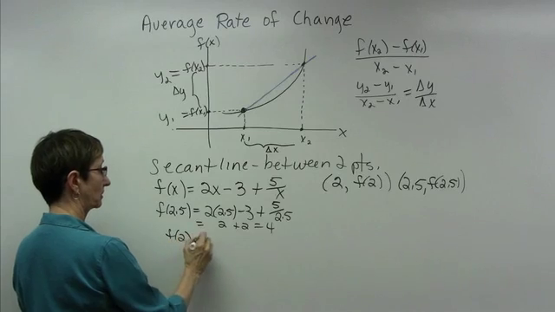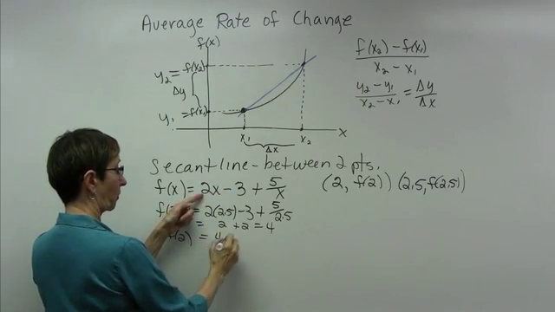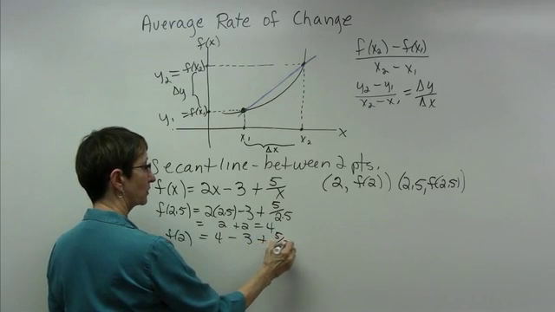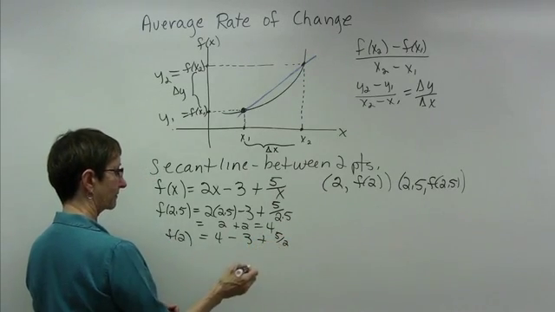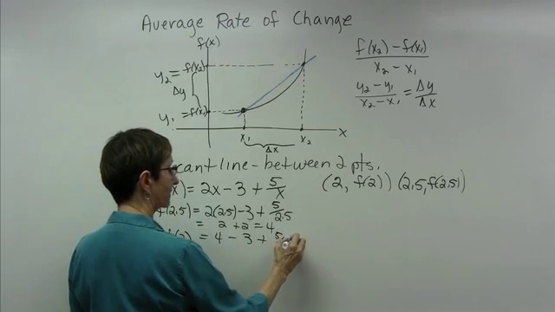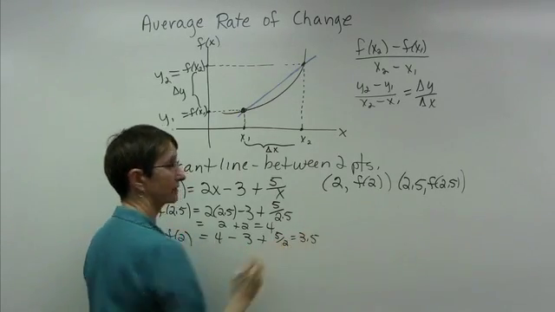F of 2, 2 times 2 is 4, minus 3, plus 5 over 2, that's 2.5. So 4 minus 3 is 1, plus 2.5 gives me 3.5.